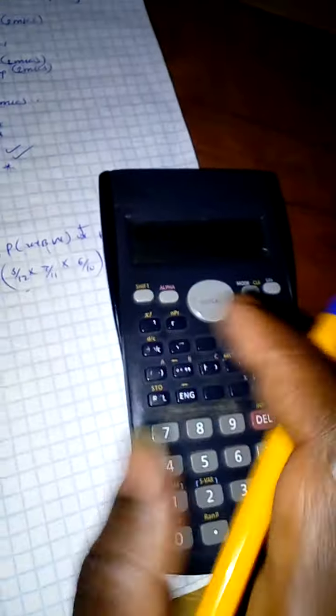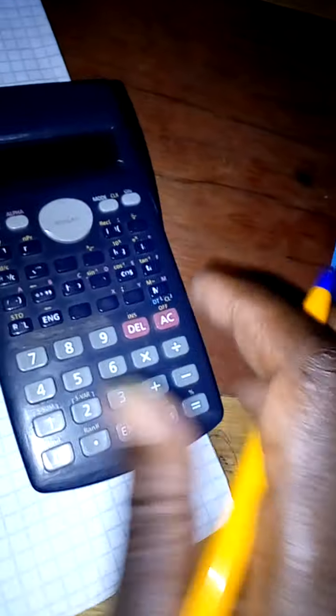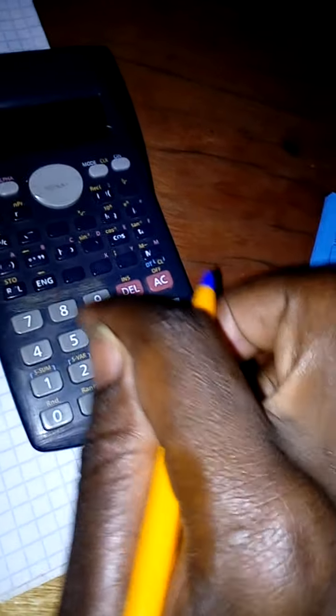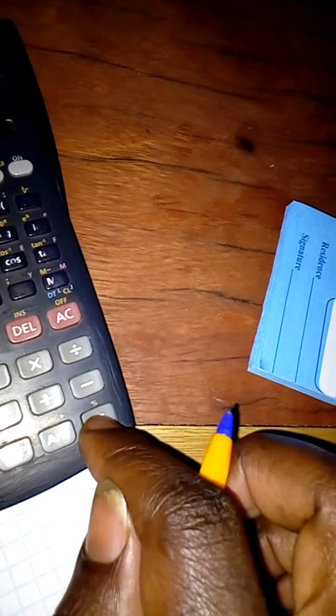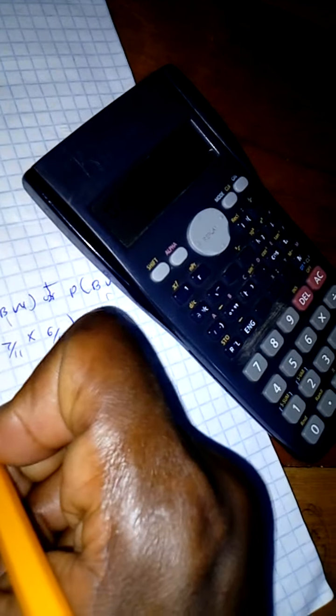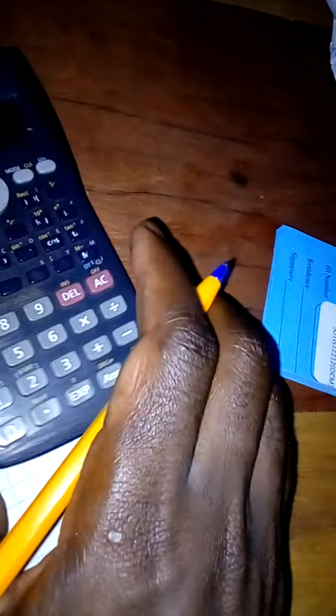Then the next one plus 5 over 12 times 7 over 11 times 6 over 10 is another 7 over 44. Now you add all that. Now I can say it is 7 over 44 times 3, because that is 21 over 44.